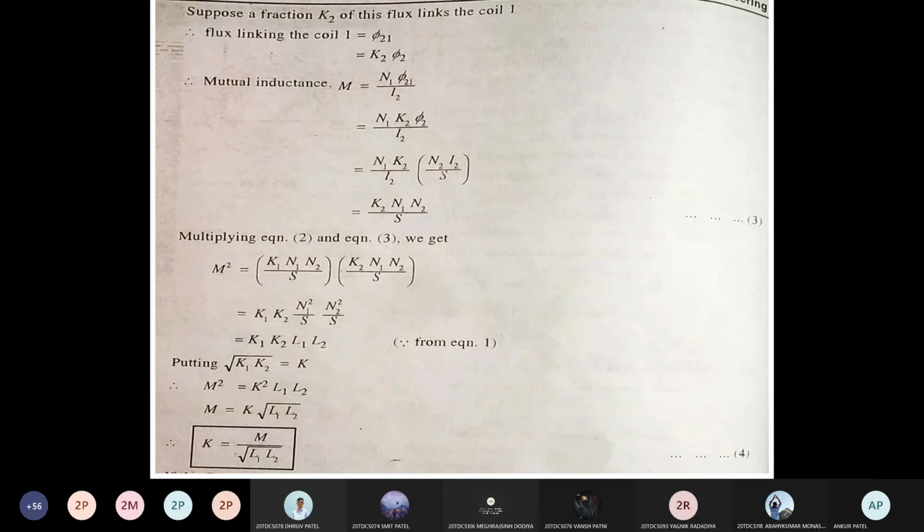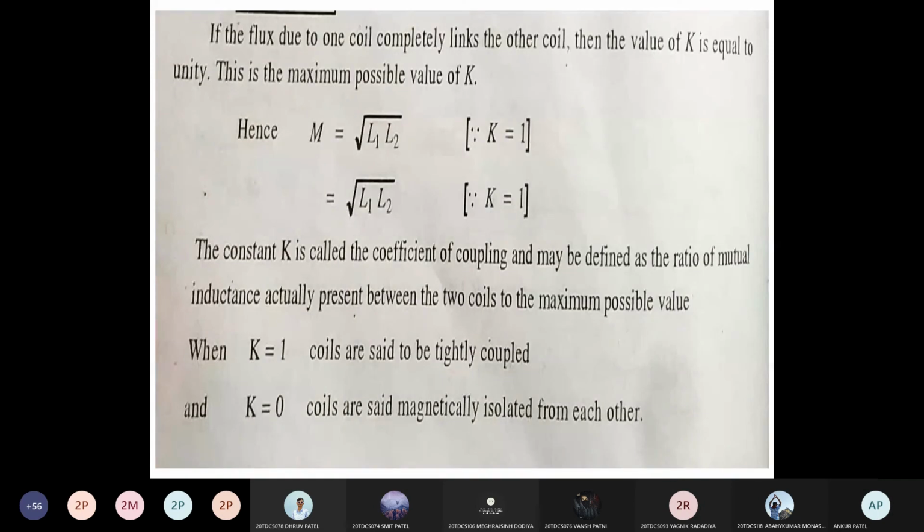So this k is the coefficient of coupling. That indicates how much of one coil links with the other coil. If the flux due to one coil completely links the other coil, then the value of k is equal to unity, which means 1. So this is the maximum possible value of k. Hence, M is equal to under root L1 into L2.